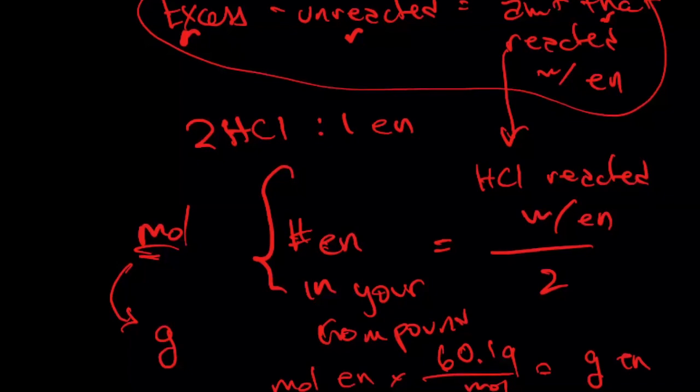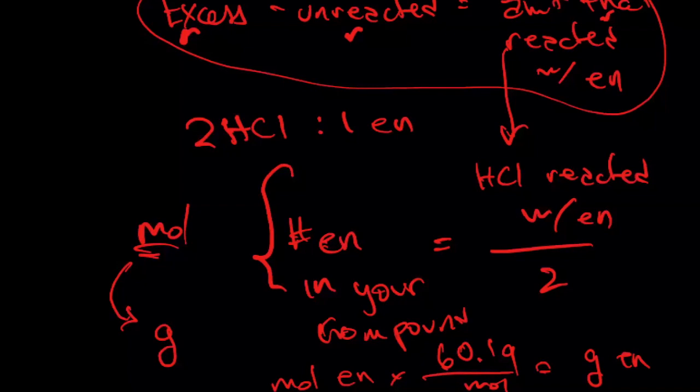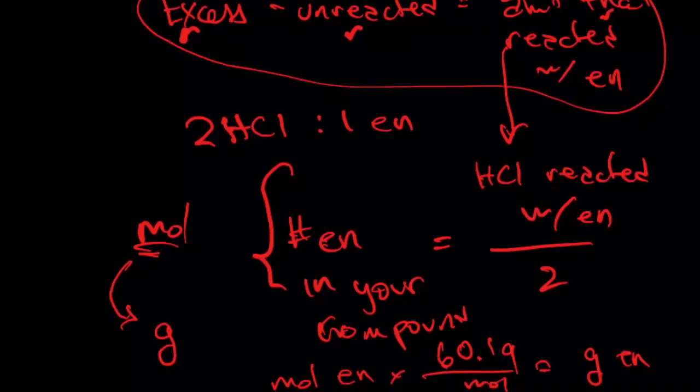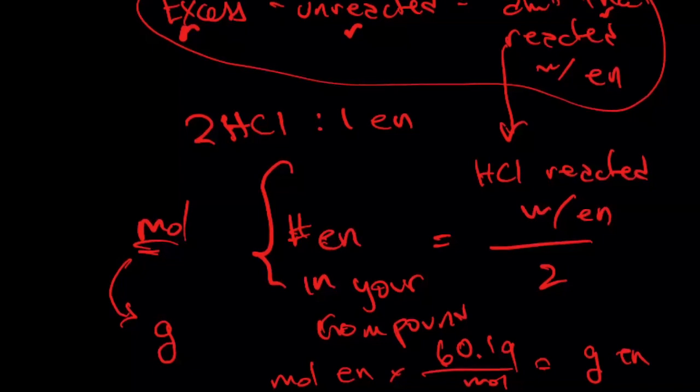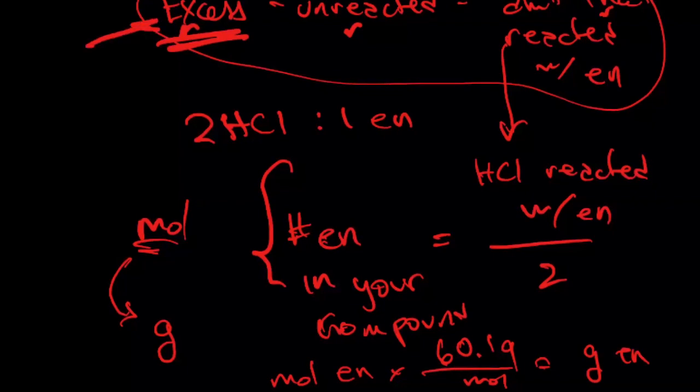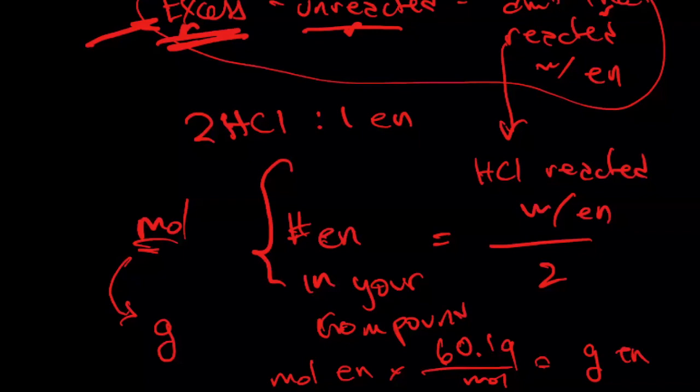Using the equivalent point of the sodium hydroxide and the concentration of the sodium hydroxide, you got the moles of sodium hydroxide. That moles of sodium hydroxide is equal to the moles of the hydrochloric acid that didn't react with ethylene diamine. So if you take the amount that you added and subtract the amount that went unreacted, then you can calculate the amount that did react with ethylene diamine.